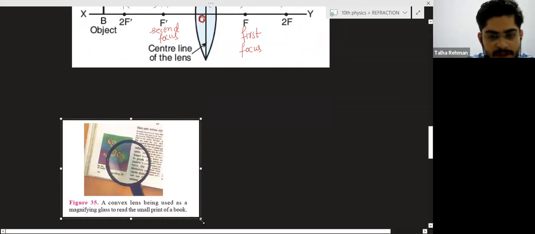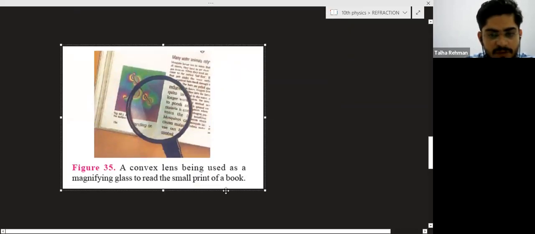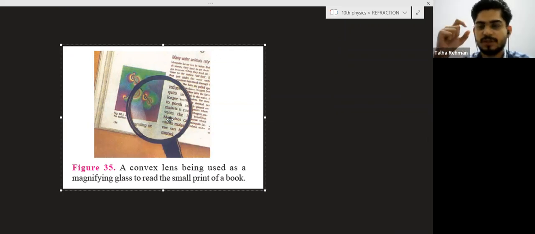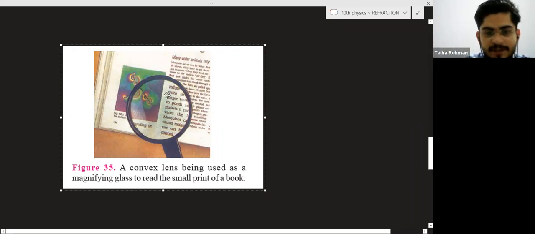See this image, a convex lens being used as a magnifying glass to read the small print of the book, and this is the convex lens. Suppose you want to see the image of the written print or the writing.